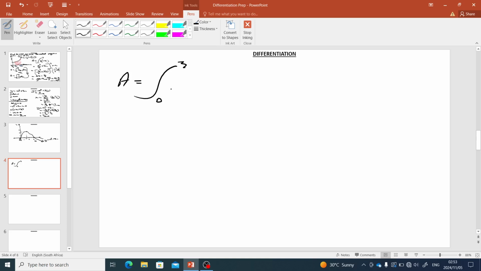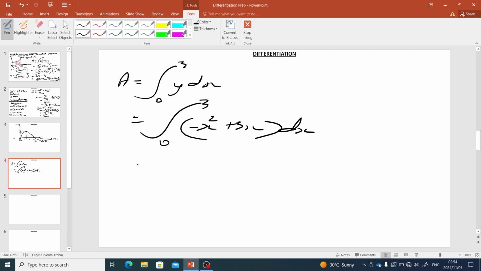Our f of x here will be the integral from 0 to 3 of negative x squared plus 3x. This is what we have here.